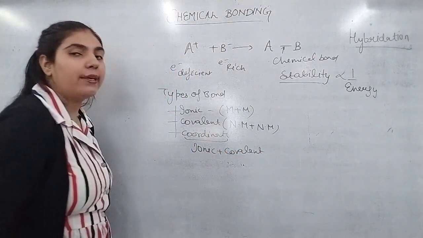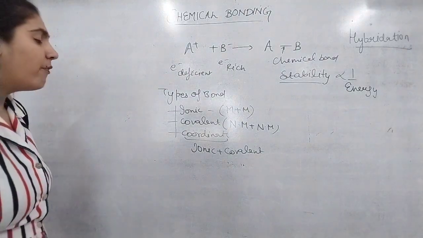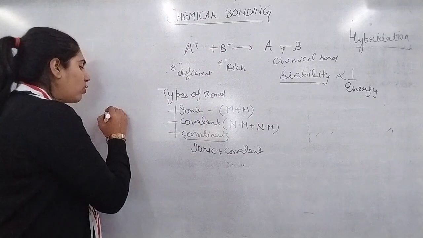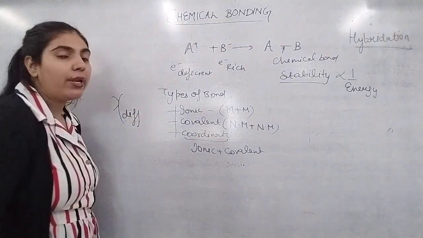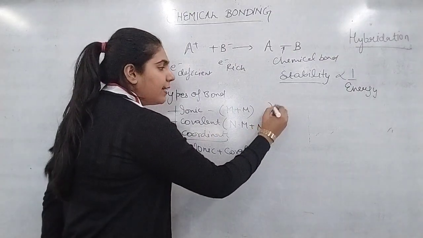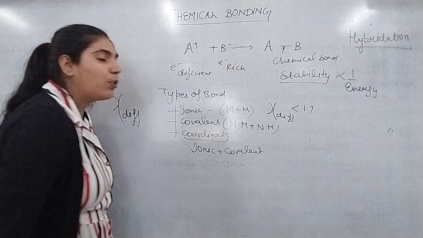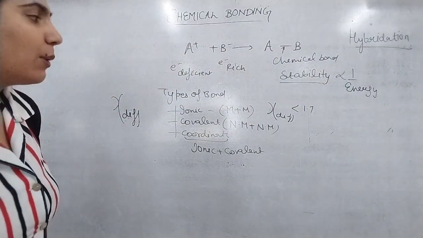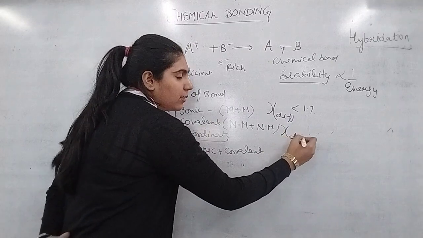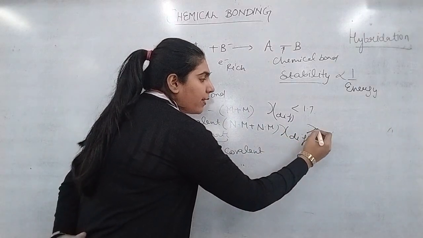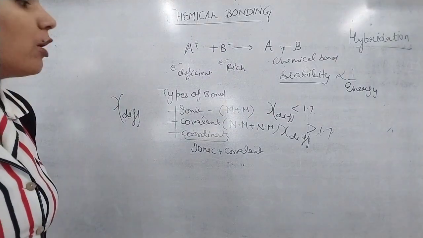On what criteria are they categorized? Fine. So it is electronegativity difference. If the electronegativity difference is more than 1.7, it would be regarded as an ionic bond. If the electronegativity difference is less than 1.7, that would be a covalent bond.